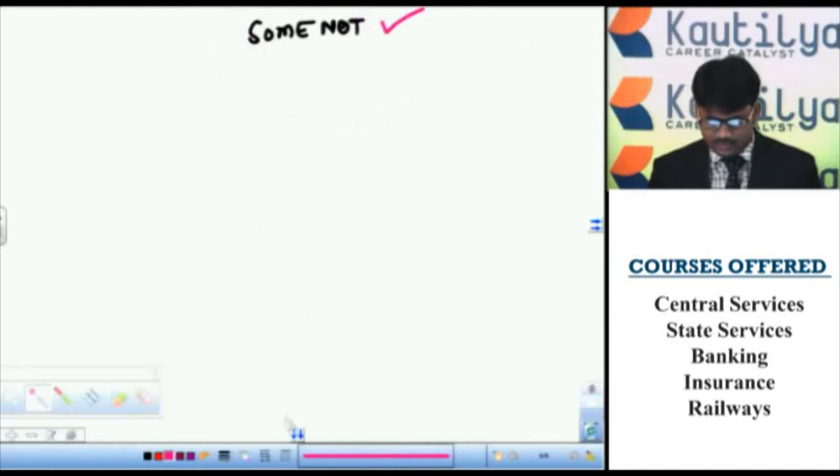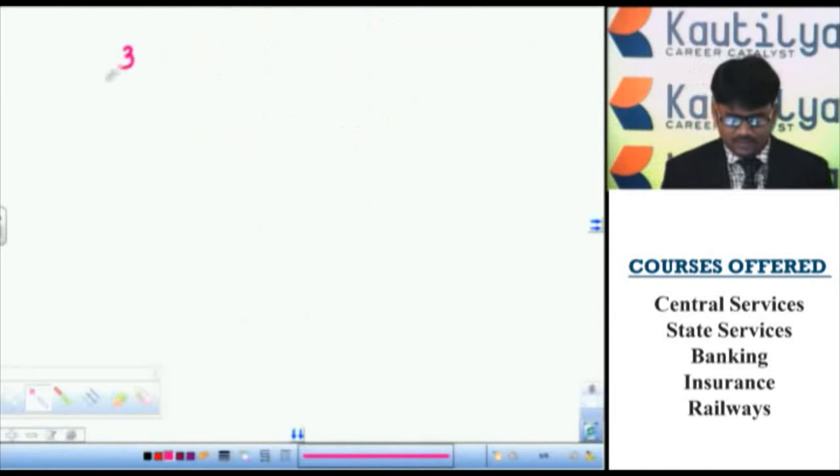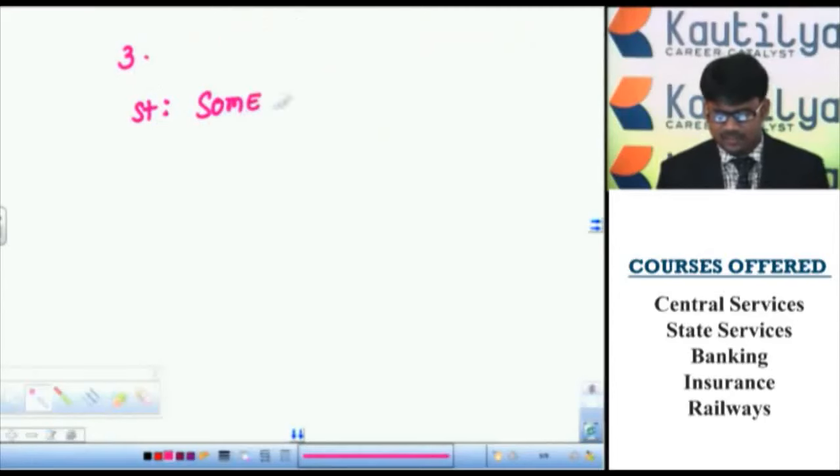Next, third type of statement. Example: some pens are scales.